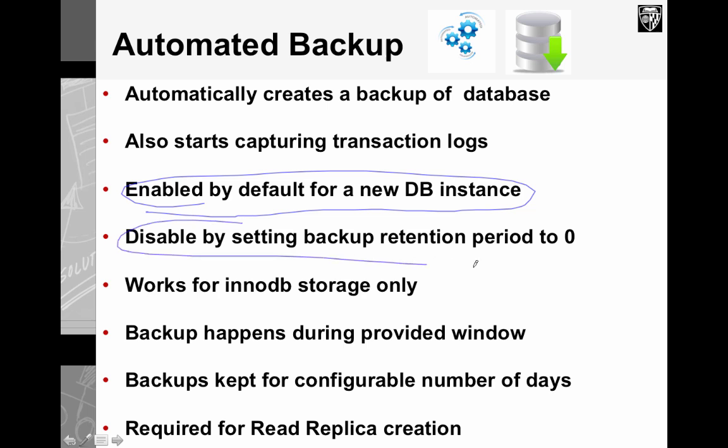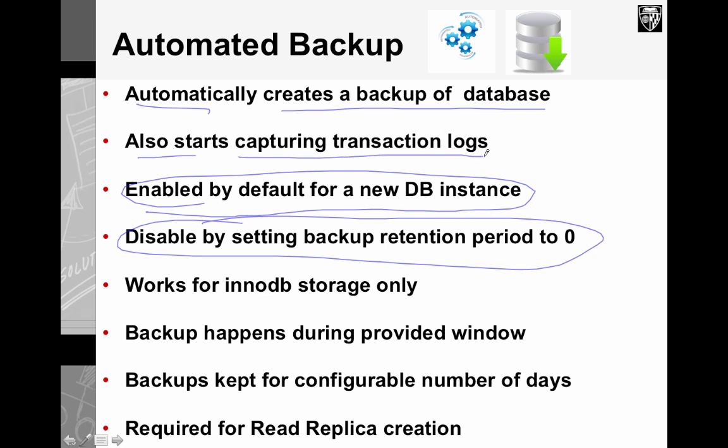You explicitly turn it off by setting the backup period to 0. If you turn automated backup on, then it will automatically create a backup of the database daily. It also starts capturing transaction logs. So let's say that it starts creating the automated backups daily at 3 a.m. in the morning. It will also have all the transaction logs starting from 3 a.m. in the morning so that you can recover to any point in time.